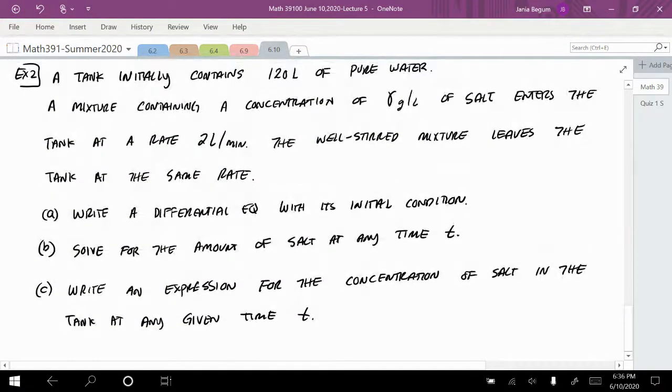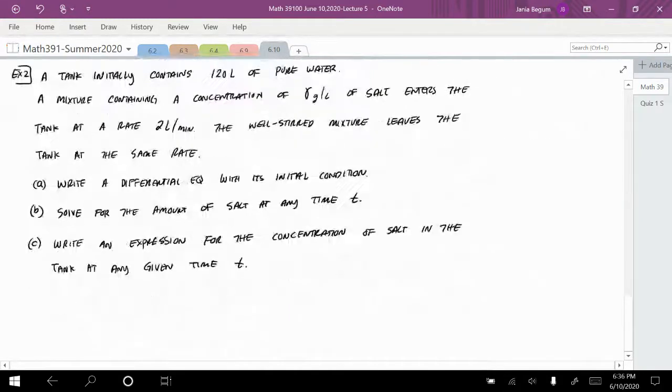And one more part. So part D, we want to find the limiting amount of salt in the tank as t goes to infinity.